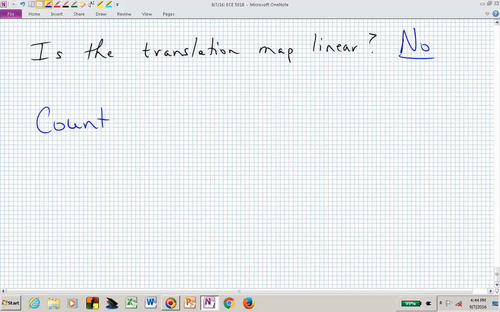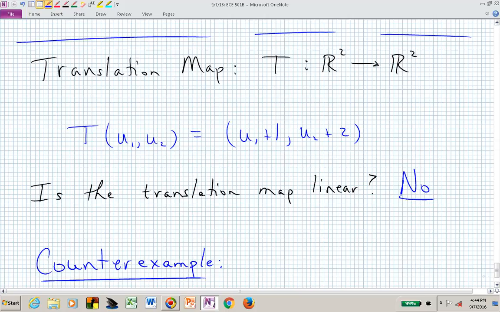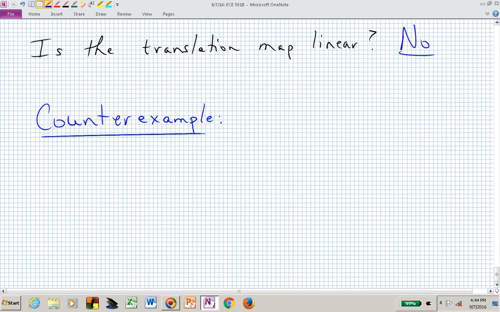And here is a counterexample for that. In fact, the class was pretty equally split between up and down. So it's not clear from what we've talked about yet how to conclude very quickly whether a map is linear or not. But this counterexample can be used to quickly determine whether it's not. Obviously, if it satisfies this, that doesn't guarantee that it is linear. Is that clear? But if it fails this test, it immediately tells us that it's not linear.